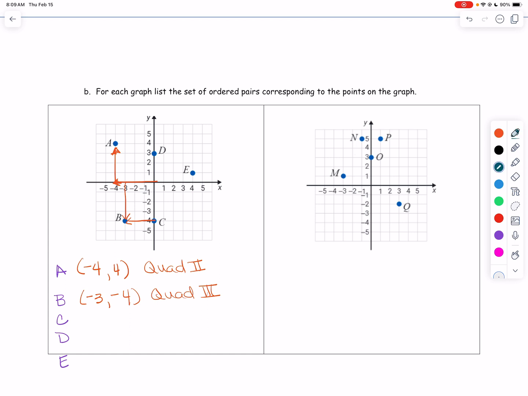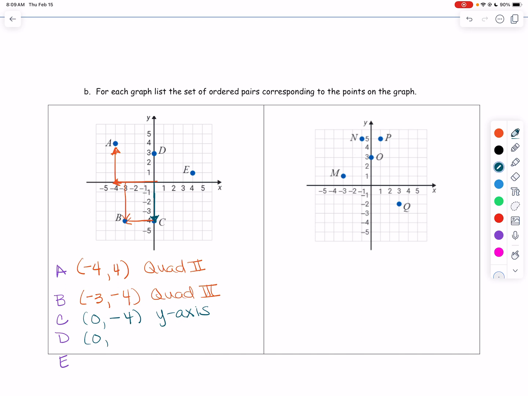All right, C is 0 on the x, because we do not move in any direction left or right, and it is at -4 on the y. It's hard to see on these lines, and this is on the y-axis. And D is also on the y-axis.